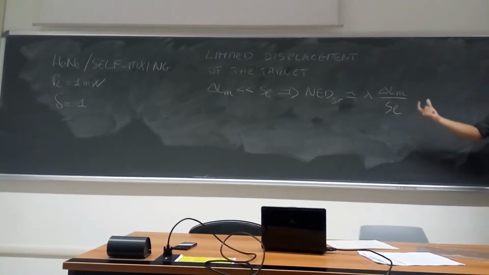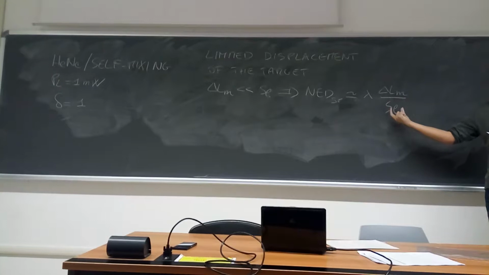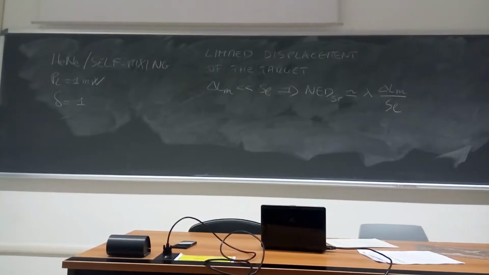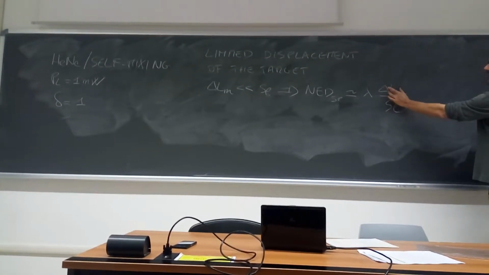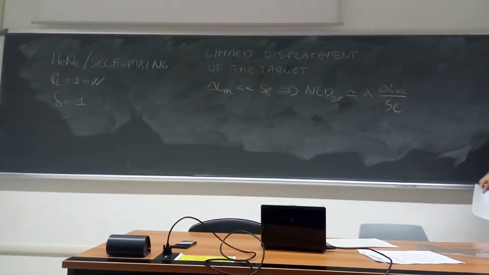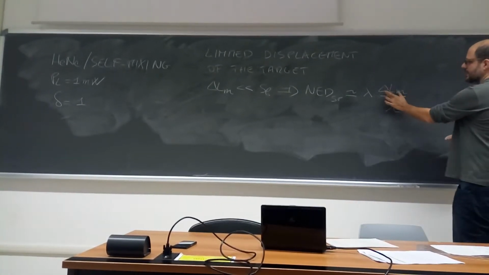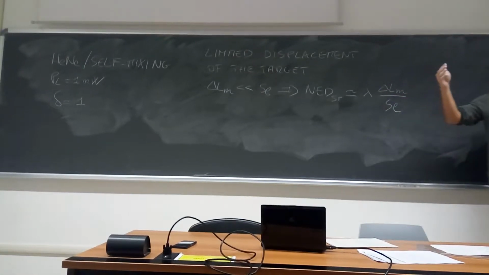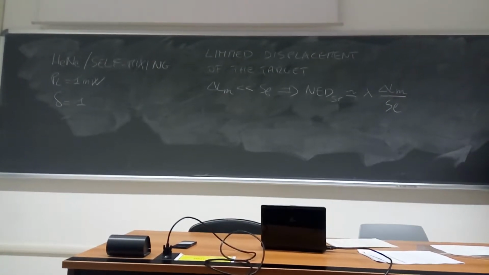So the closer the displacement is to the longitudinal dimension of the speckle, the higher the error of the measurement. Because if this quantity is equal to the longitudinal dimension, we have an error of the wavelength. And this is much more important: if the target moves by a quantity higher than the longitudinal dimension of the speckle, we have a phase jump that is completely uncorrelated, because we move from one speckle to the other.